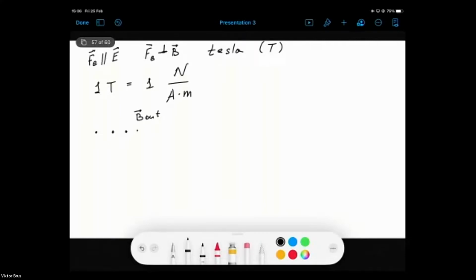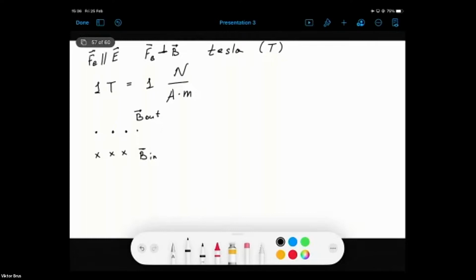And if we have crosses, we have magnetic field going into the plane, perpendicular to the plane where we draw them. So taking this into account, we can now draw a situation of a mobile charge in a uniform magnetic field.